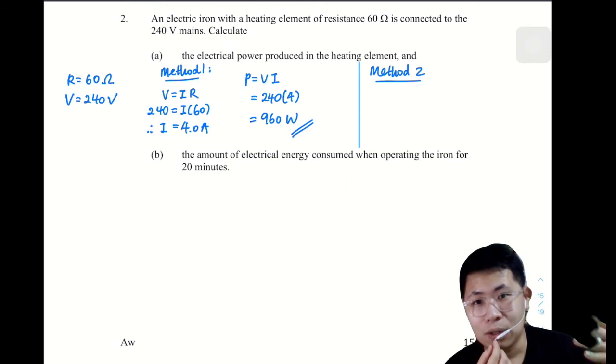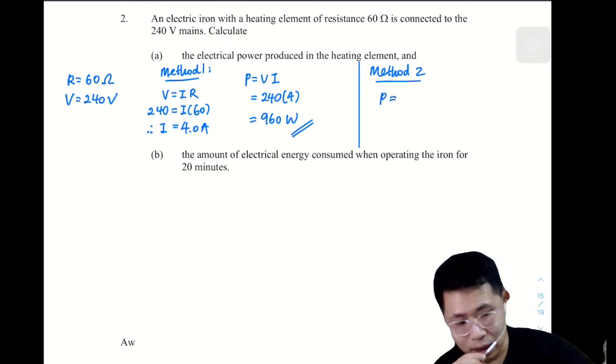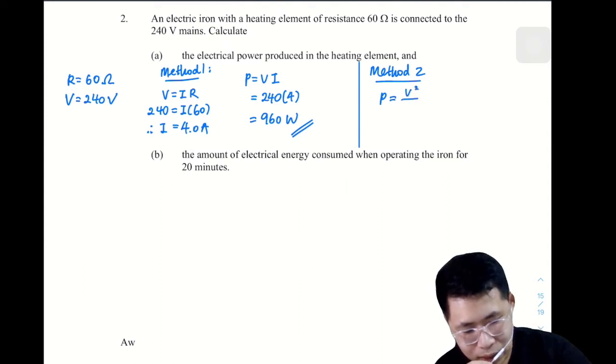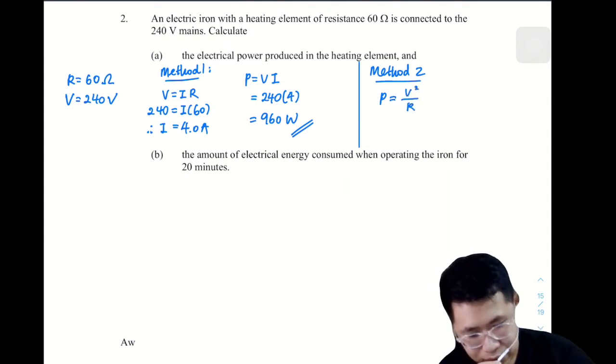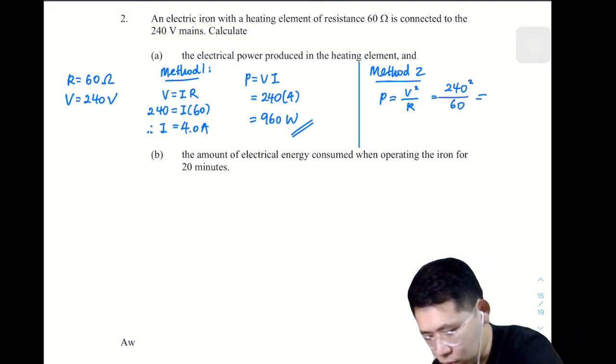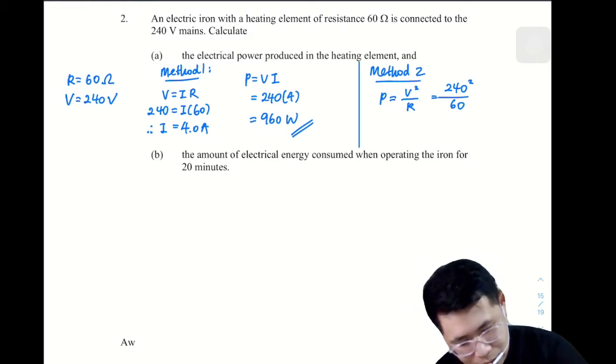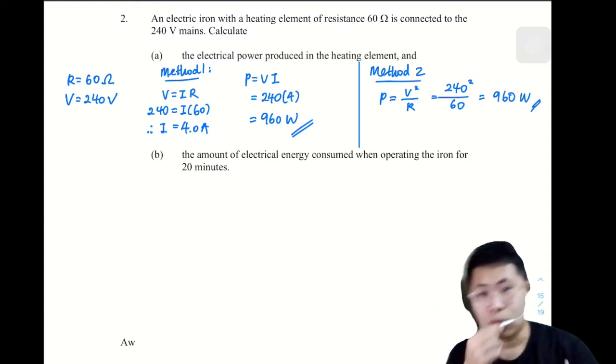Power based on voltage and R is actually V square over R. So V square, we have 240 square over R divided by 60. So 240 square divided by 60 will give me 960 watts.